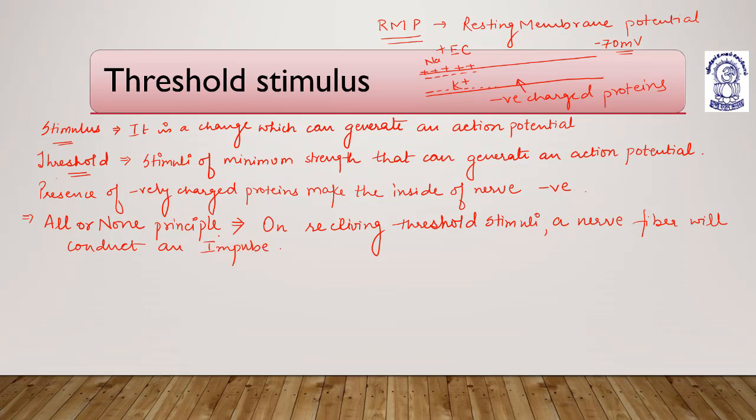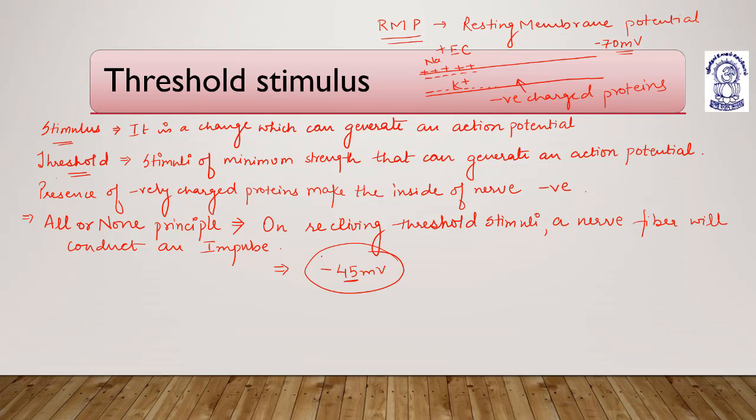Suppose for the conduction of an impulse there is a minimum requirement of a threshold potential of 45 millivolts. Potential difference is always negative. This 45 millivolts needs to be there the moment any stimulus is conducted.